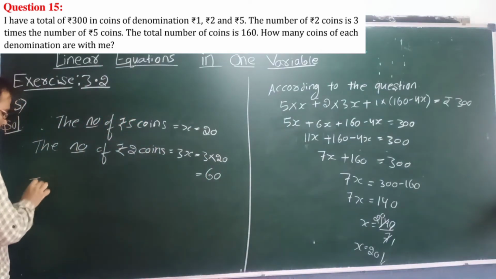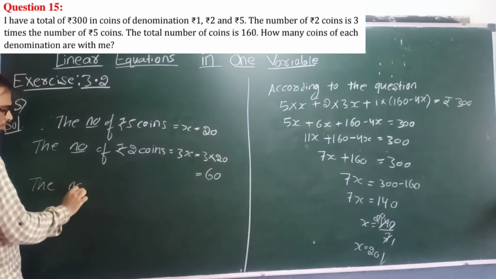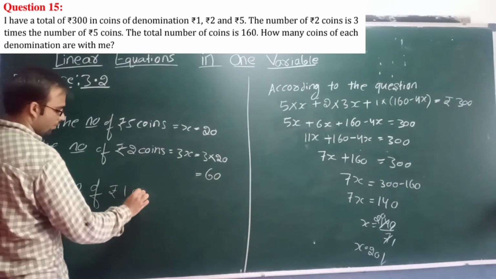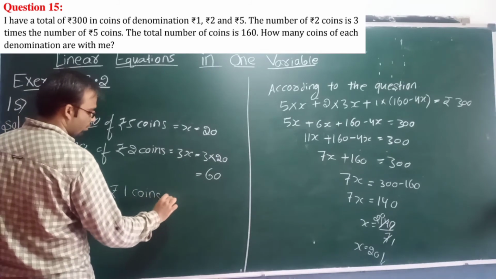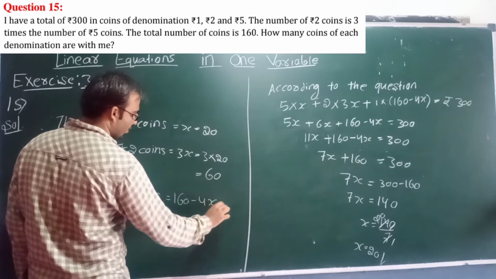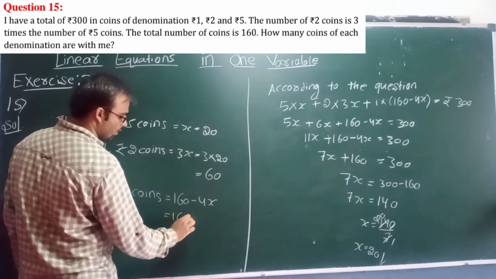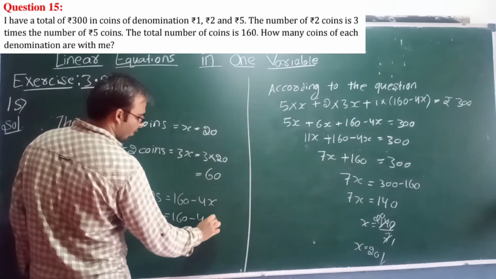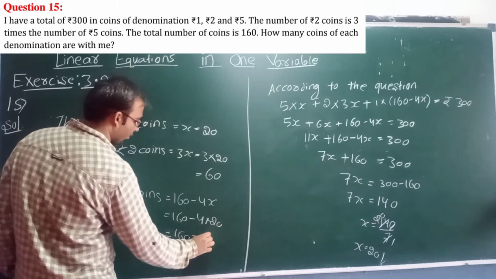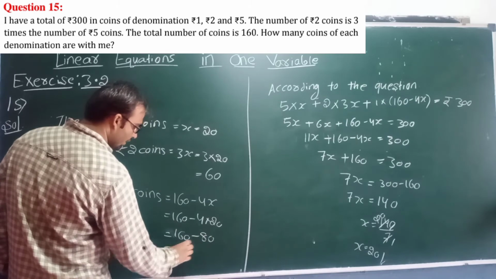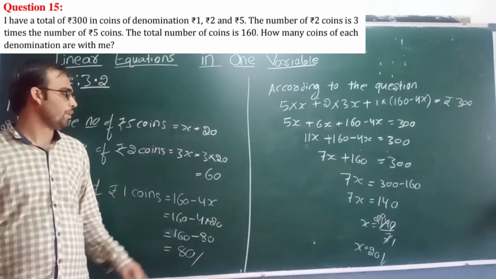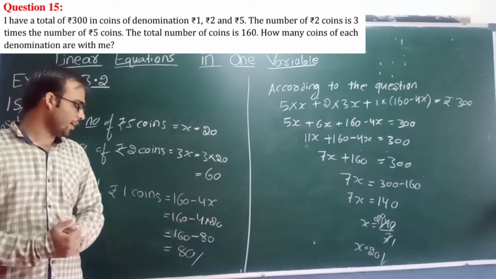Next, the number of 1 rupee coins is equal to 160 minus 4x, that is 160 minus 4 into 20. 4 into 20 is 80. Then 160 minus 80 is what? 80.